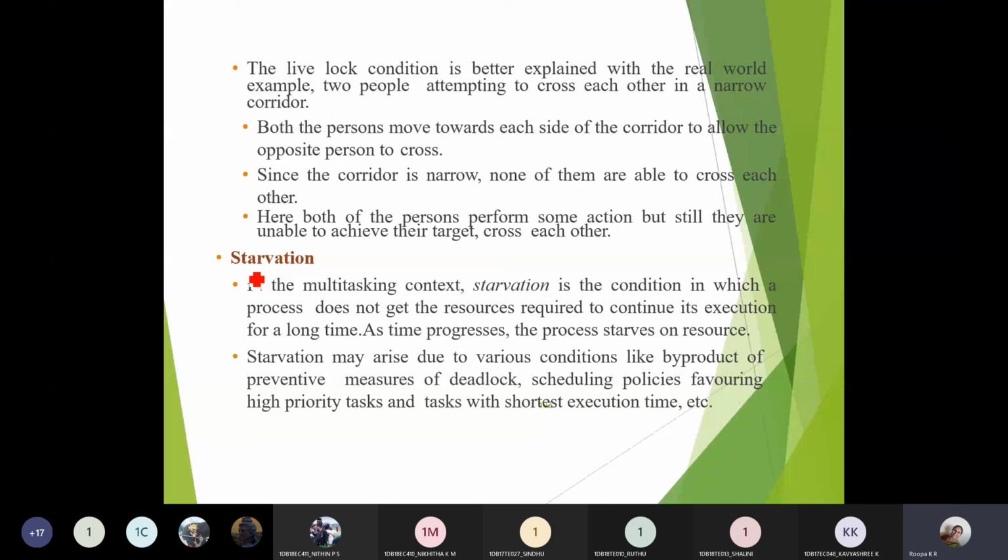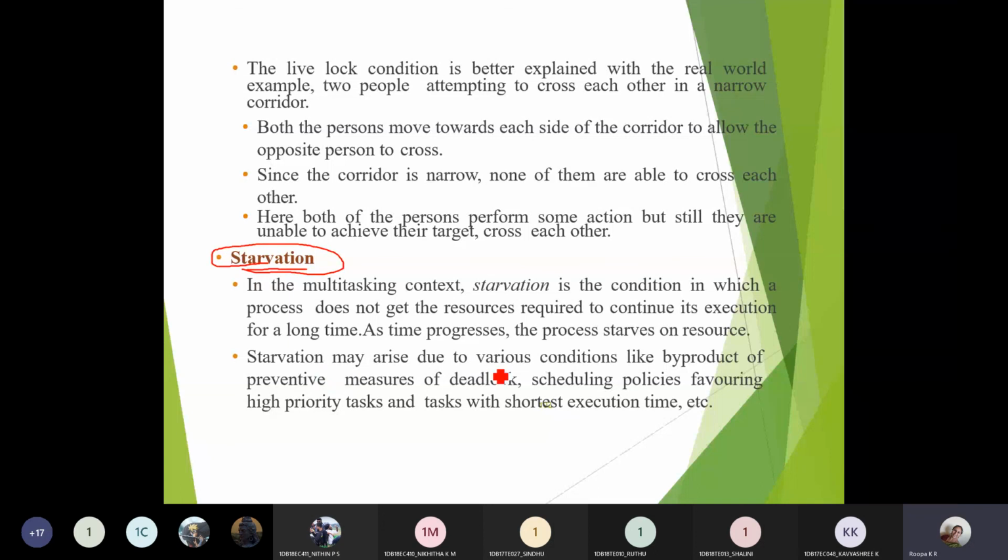Next you have something called starvation. Starvation is when multiple processes or multi-thread communication is taking place using the same set of resources. That means the process does not get the resources for execution of its program for a long time. In such a case, the process goes to a wait state, and that wait state is called starvation.